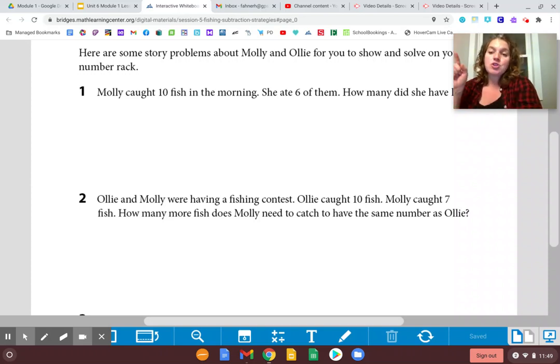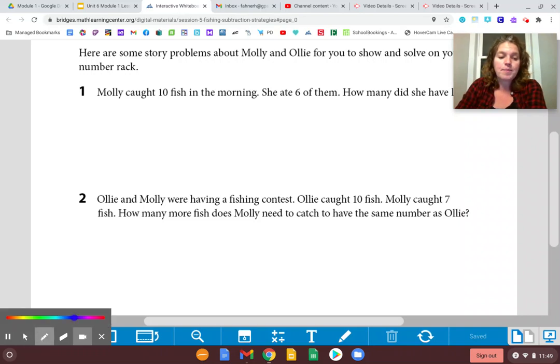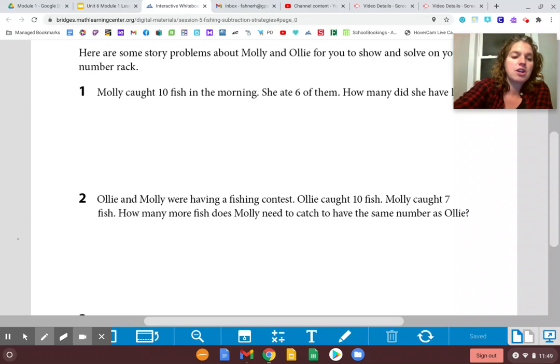So again, you can use your number rack, and the top row can be for Ollie and the bottom row can be for Molly. I'm going to draw it out. So you can also draw it on your board. So it says, Ollie and Molly were having a fishing contest. Ollie caught 10 fish.